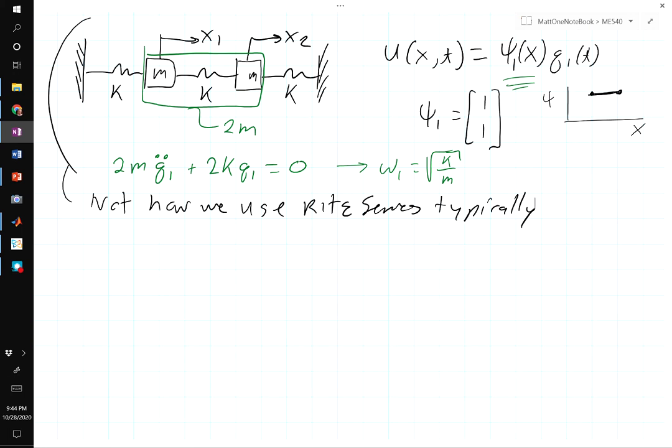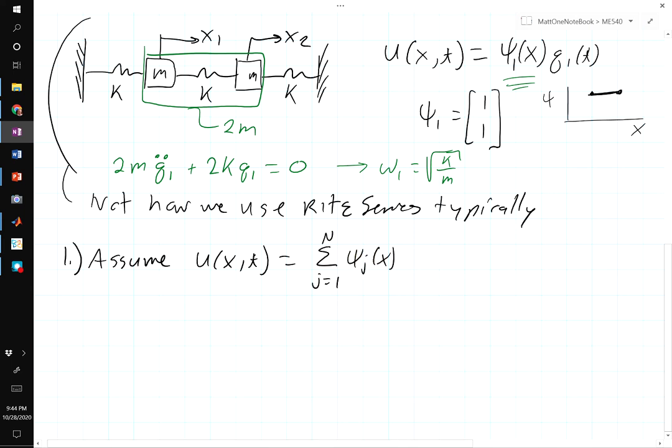Well, there are a few steps. First, we make this key assumption. We assume that the displacement, or later we'll extend this to bending, can be approximated as a summation of basis functions psi j of x, qj of t.